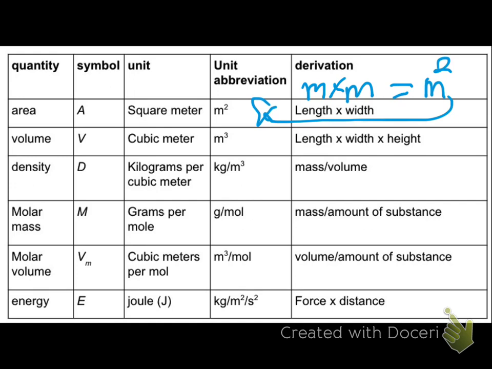So when we say derived, we mean we are combining different units to get this. So volume, you could have the cubic meter, because it's length times width times height.